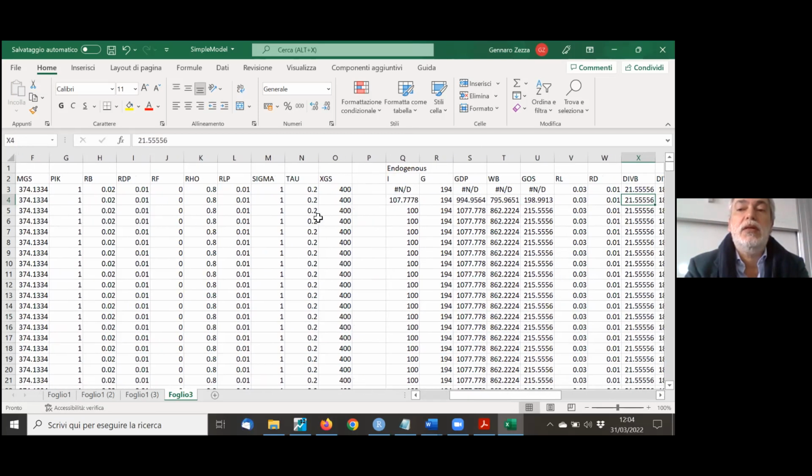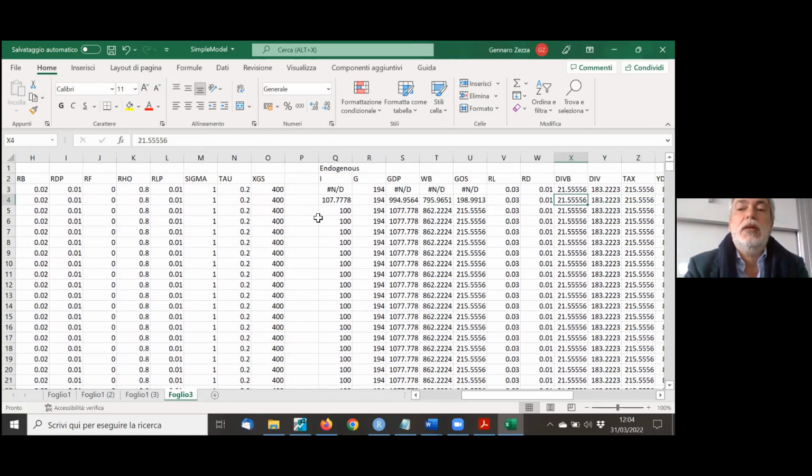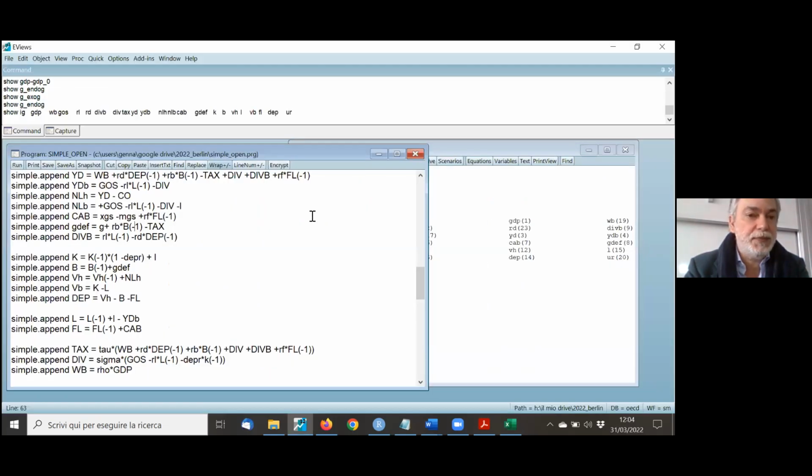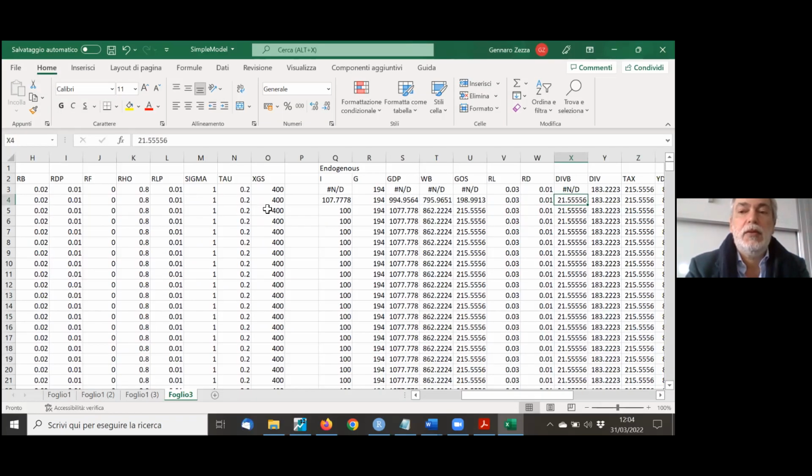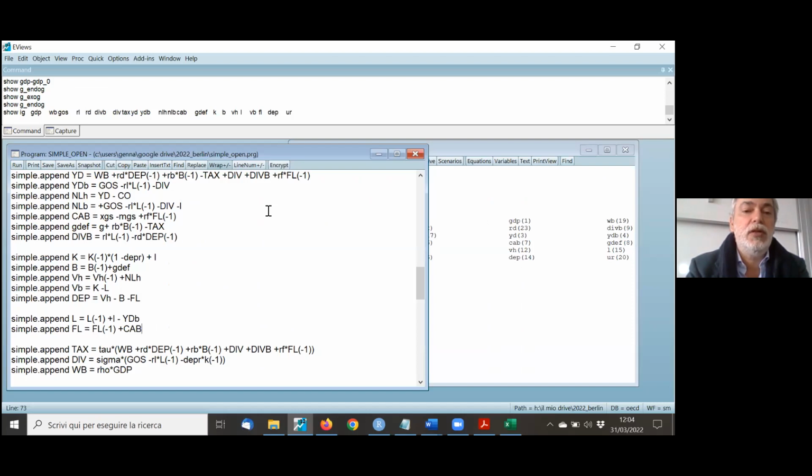This is endogenous, but it's basically fixed. These dividends are given by this formula, this sigma, which is 1, so we can ignore the sigma for the time being.